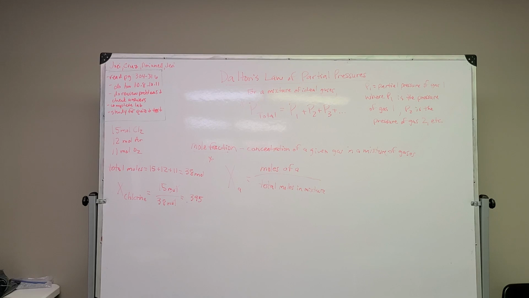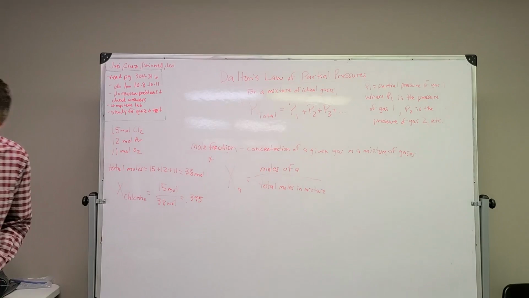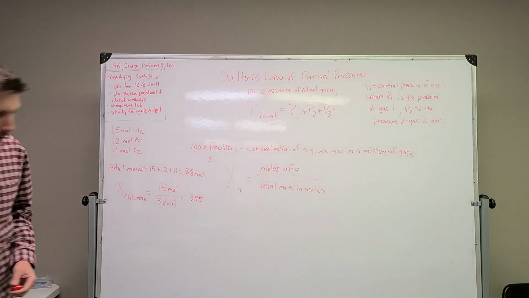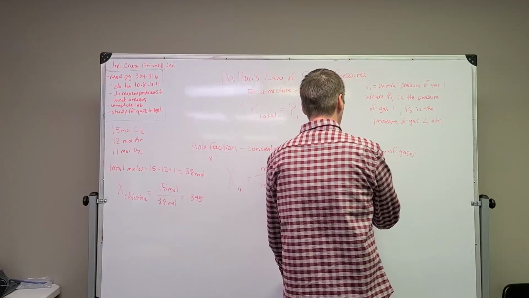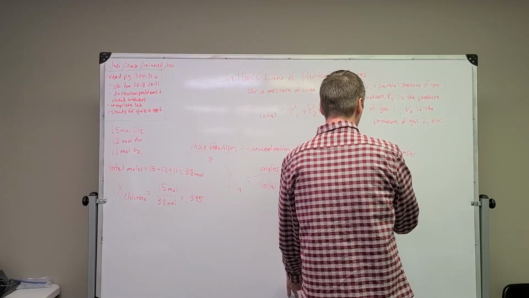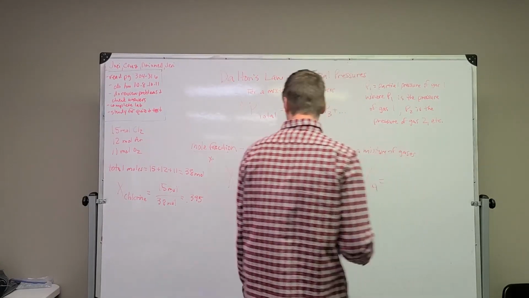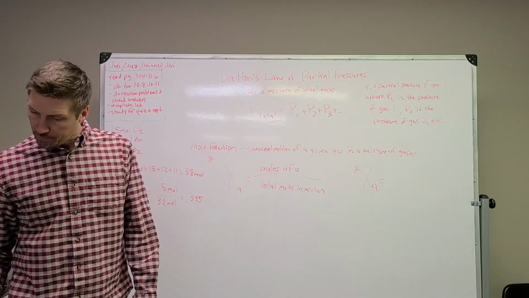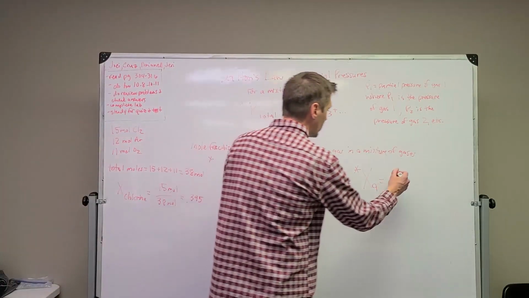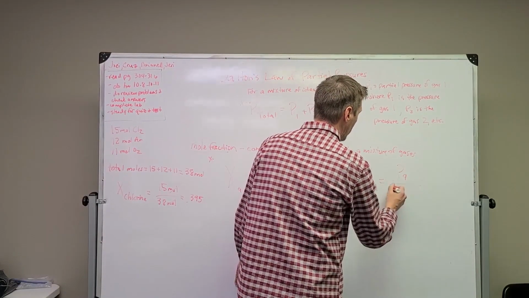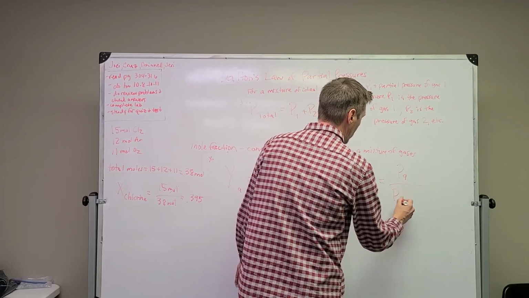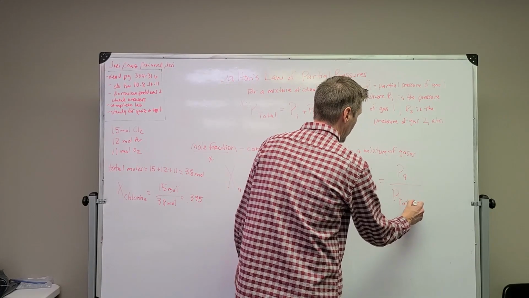Okay, so let's move on to another way to define Dalton's law that now involves mole fraction. An alternate way to write Dalton's law would be: X_A, the mole fraction of gas A, is equal to the partial pressure of gas A over the total pressure of the gases in the mixture.